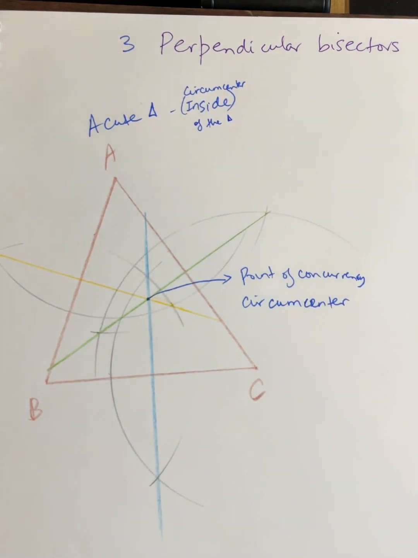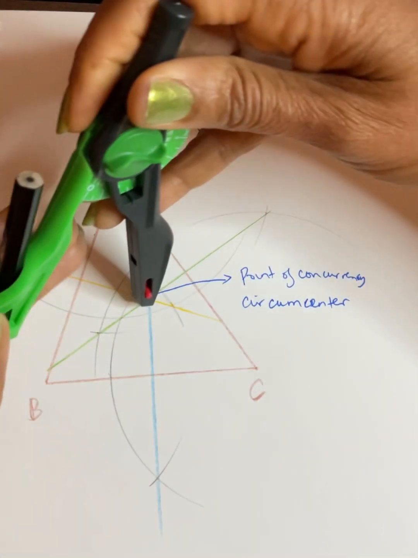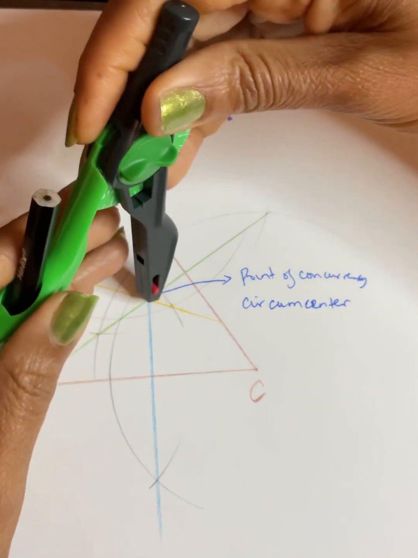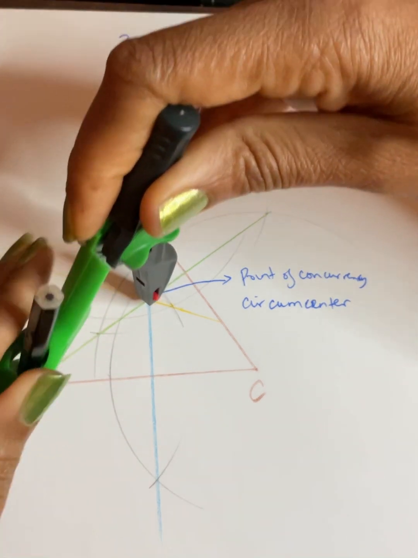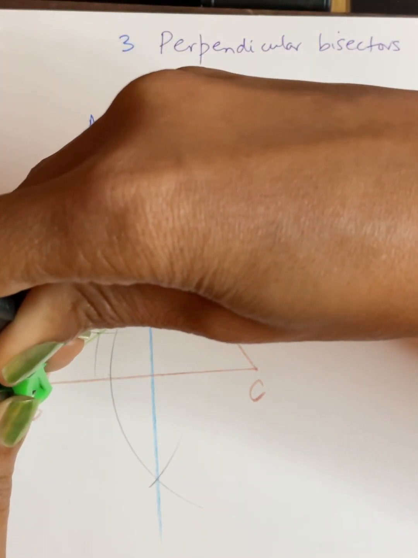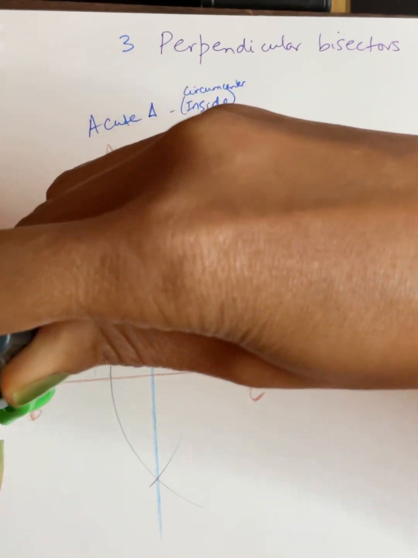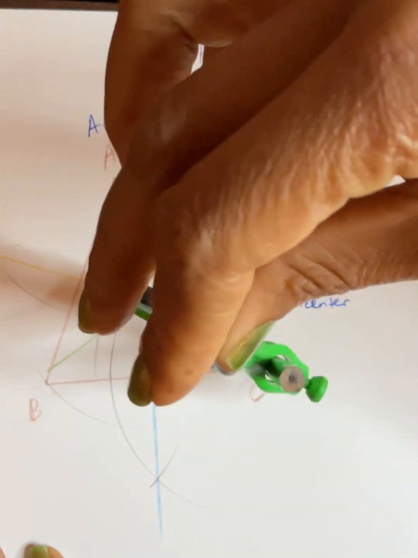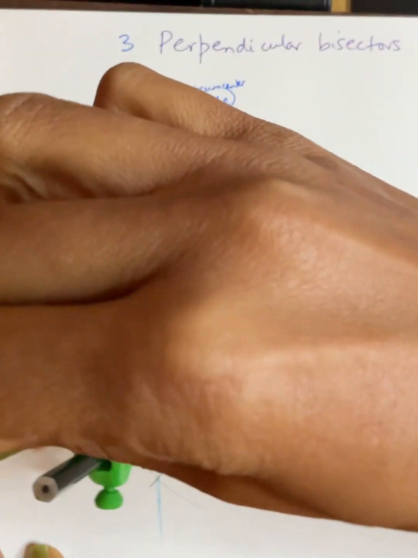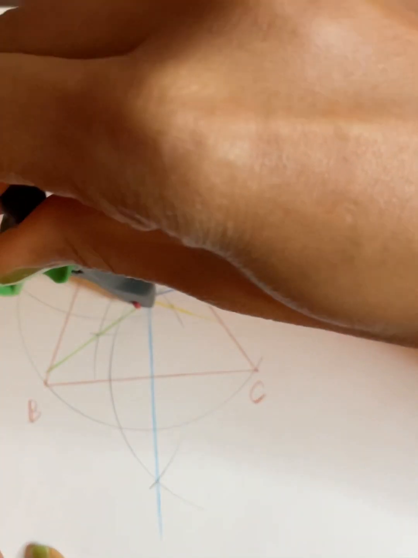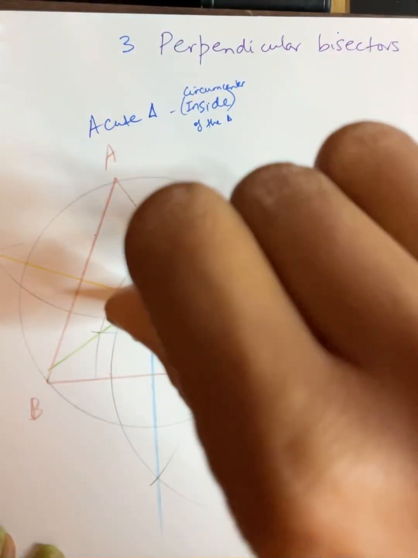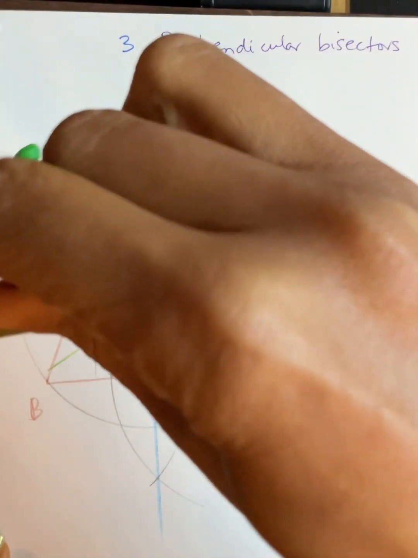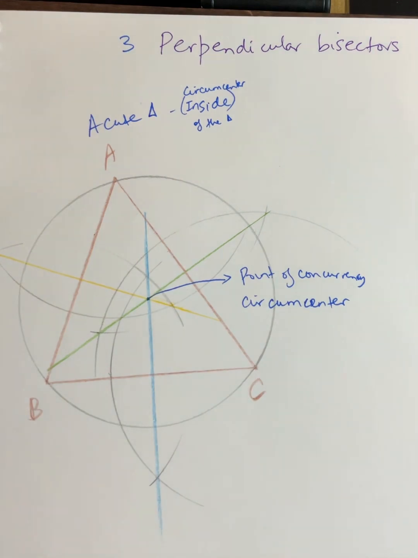Okay, and with this I can use the center, which is the circumcenter, and go to all three vertices of the triangle, and I'm going to circumscribe. Notice the word now, circumscribe. Using all the vertices of the triangle, circumscribe a circle around the triangle.